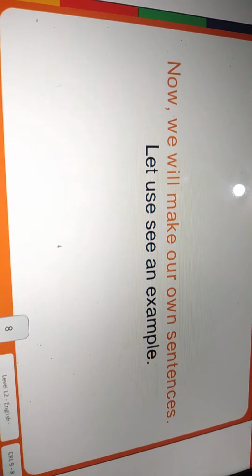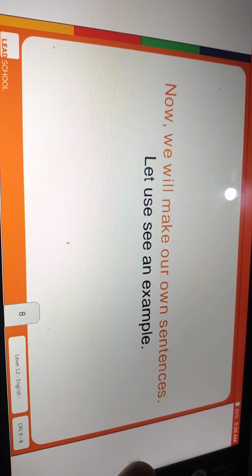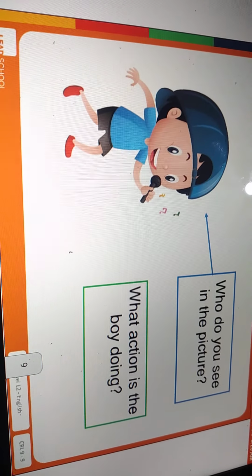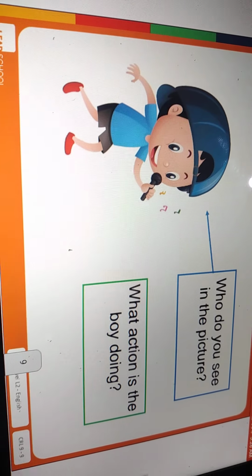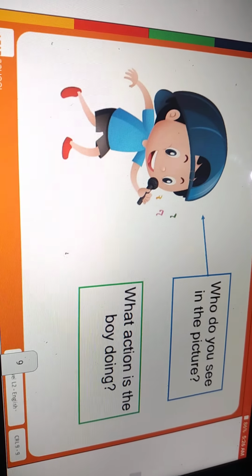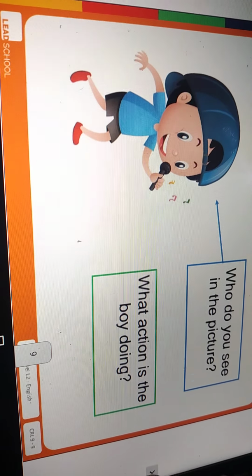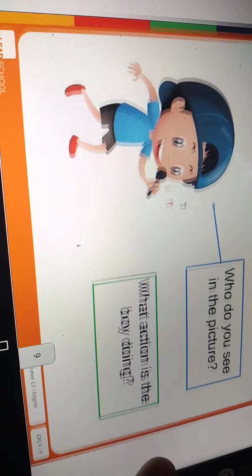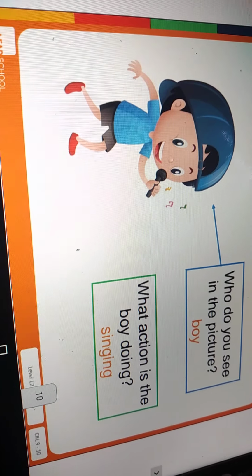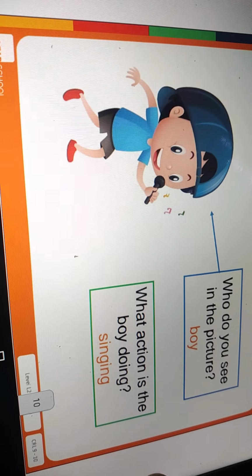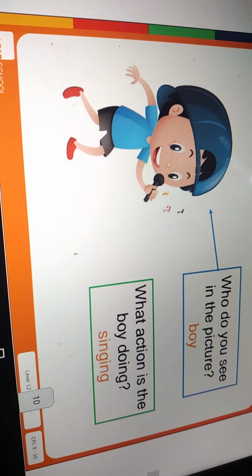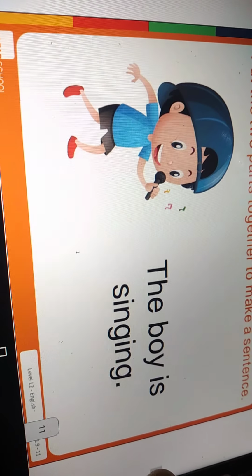So let's see some more examples for that. What do you see in the picture, children? Yes, we see a boy. What action is the boy doing? Yes, he is singing. So the boy we can see, and the action the boy is doing is singing.